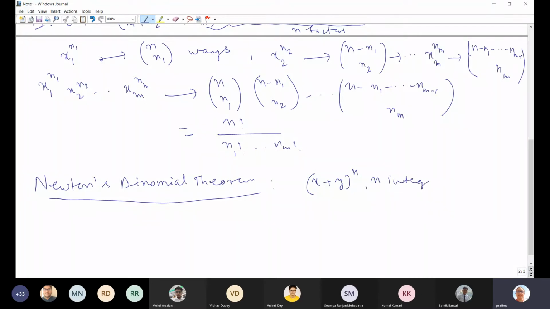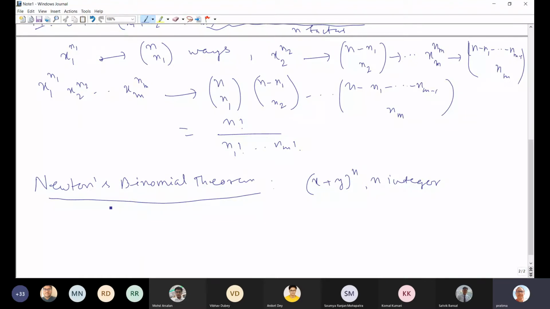This was the key thing in the binomial theorem. But in Newton's binomial theorem, he generalized that n need not be an integer. n can be taken as any real number.